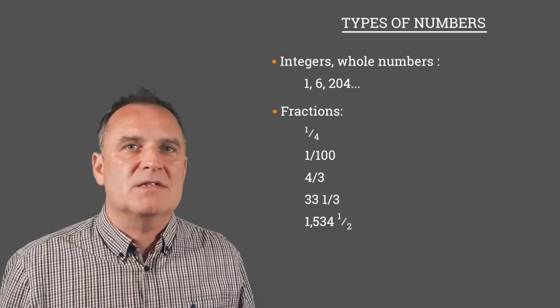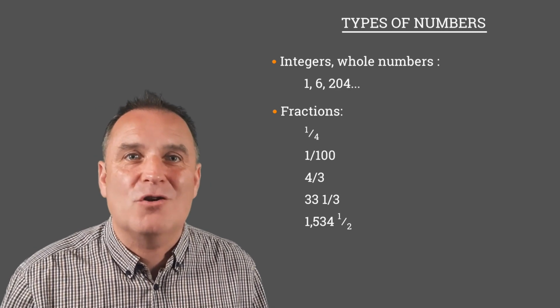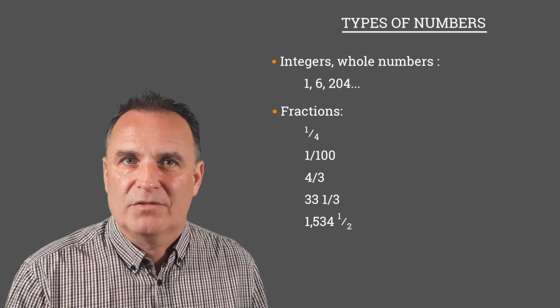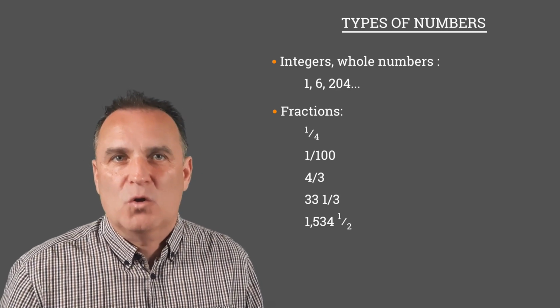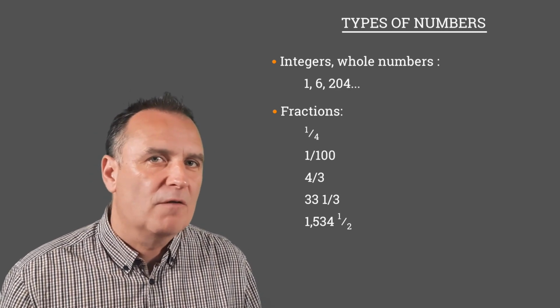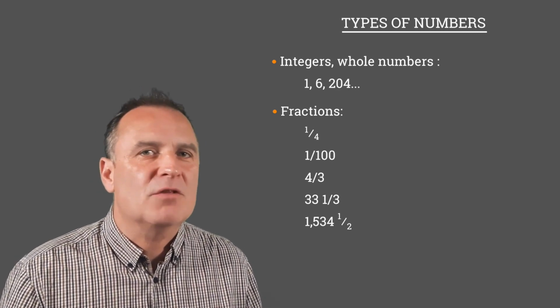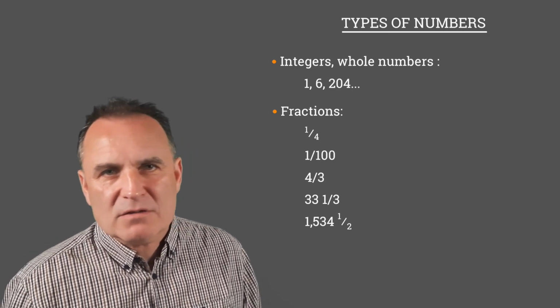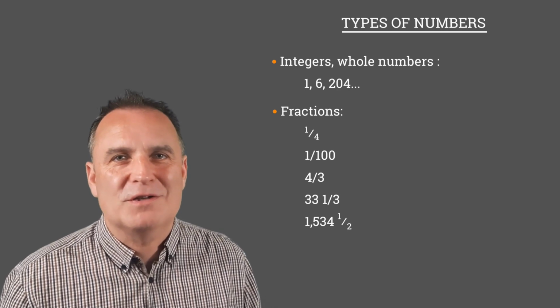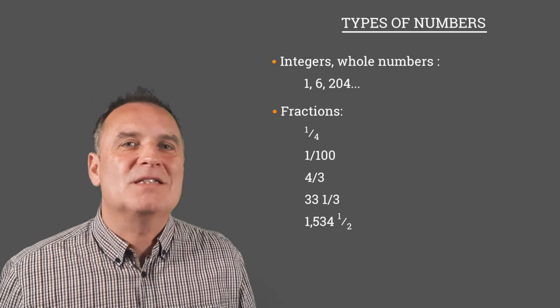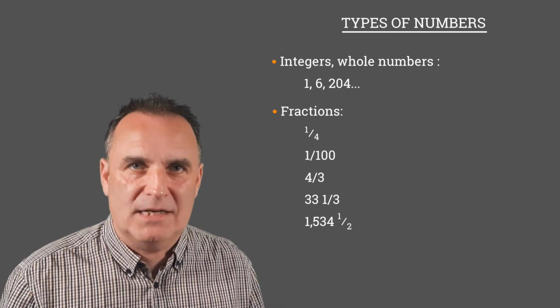All of these numbers include fractions. They're not integers. So this second string of numbers here, a quarter, 1/100th, 4/3, 33 and a third, 1,534 and a half. All of these numbers are not integers.